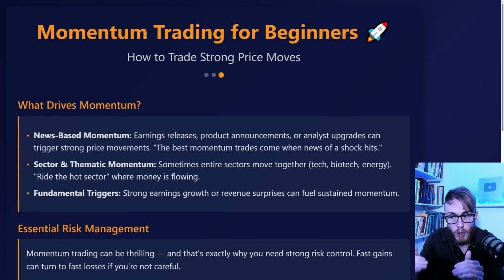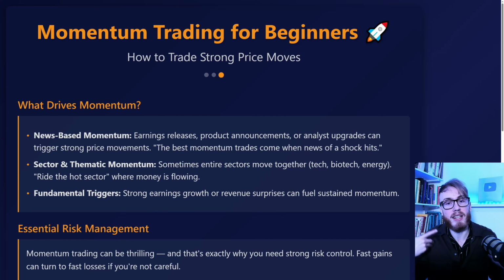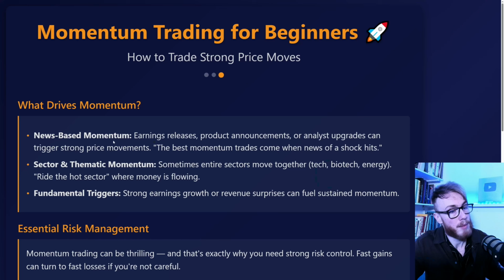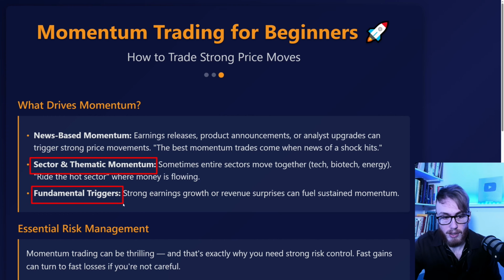We can focus on the price because in one sense, you can think of it that the news is reflected in the price, right? But there are definitely traders that combine analysis of news and technical analysis. Another thing that can drive momentum is sector and thematic momentum, and we also have different fundamental triggers.